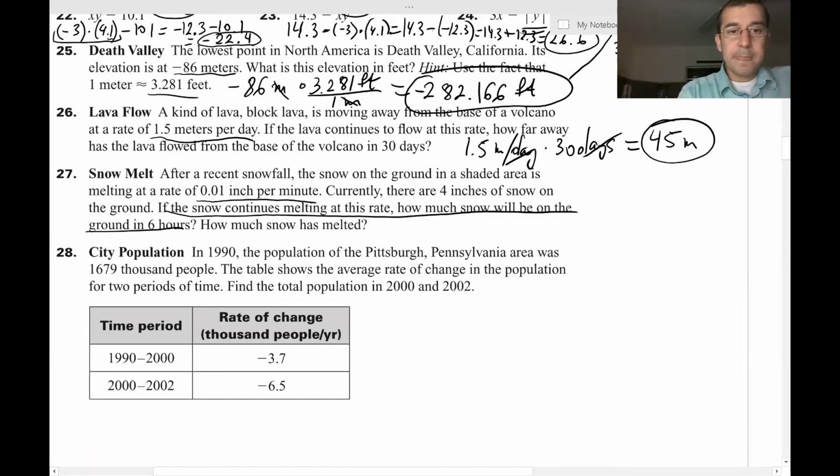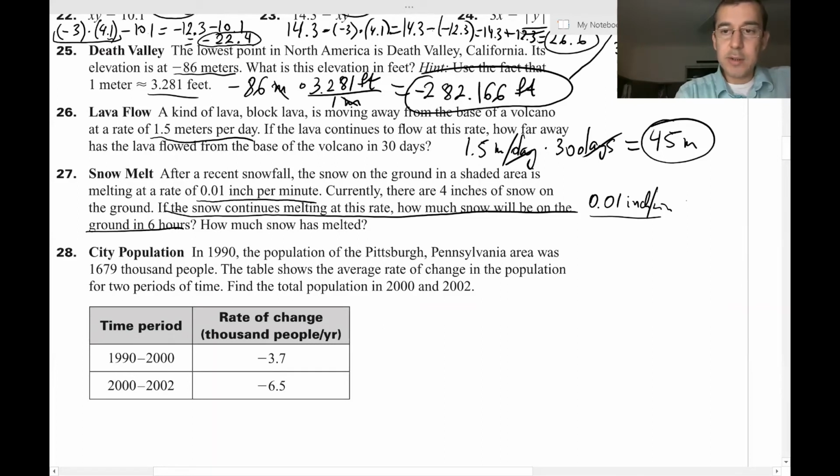Okay, so we have the melting rate is 0.01 inch per minute, and we have to see how much snow will be on the ground in 6 hours. So let's see how much snow will be melted within 6 hours.